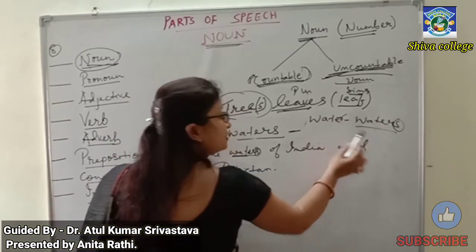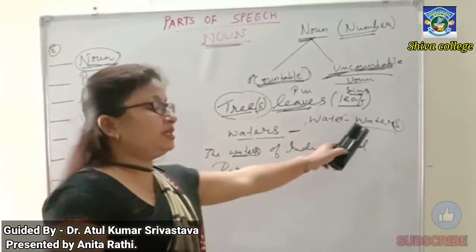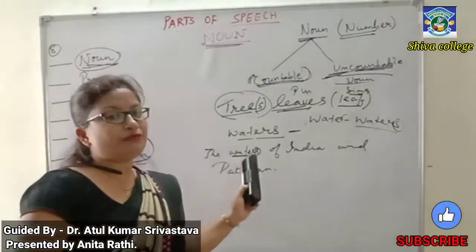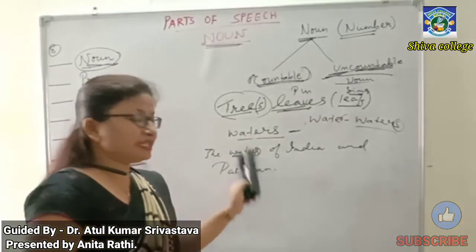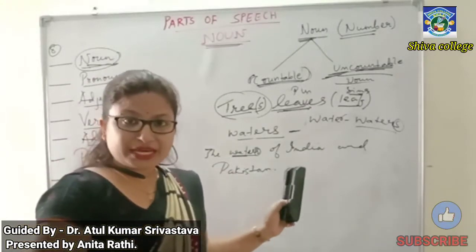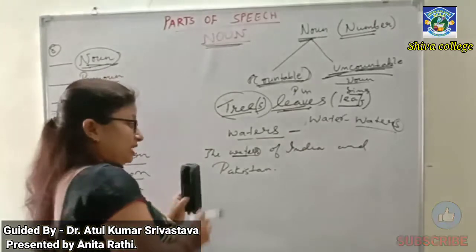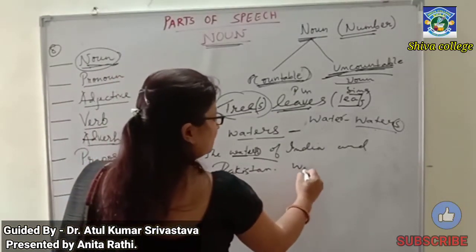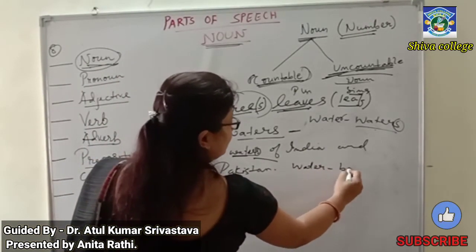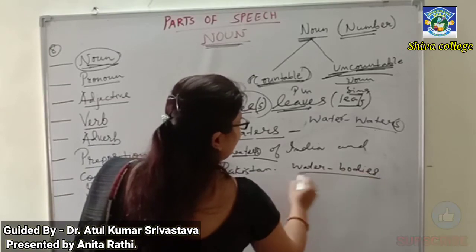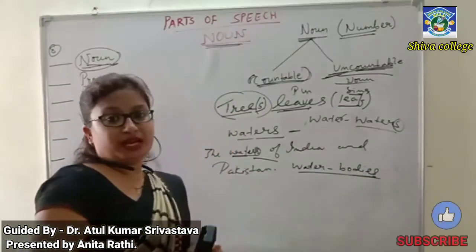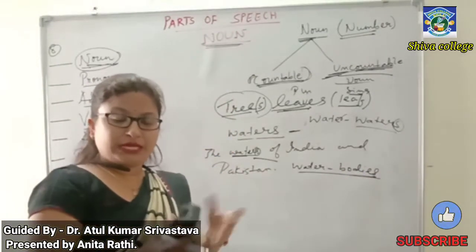Now there is a difference between water and waters. This waters is not the plural form of water. Here in this sentence, when we talk about the waters of India and Pakistan, it does not mean we are talking about water. It means water bodies, like river, lake, seas.